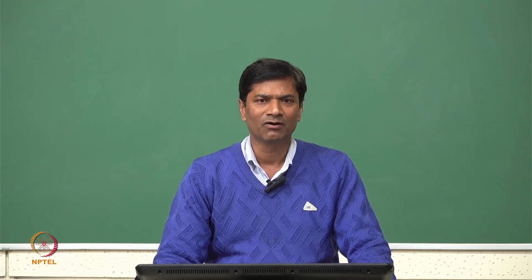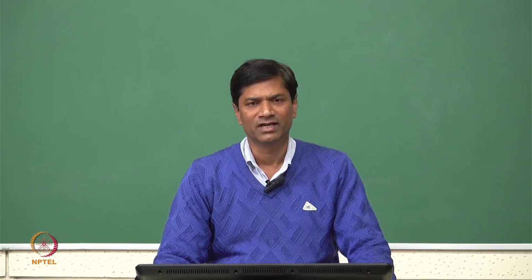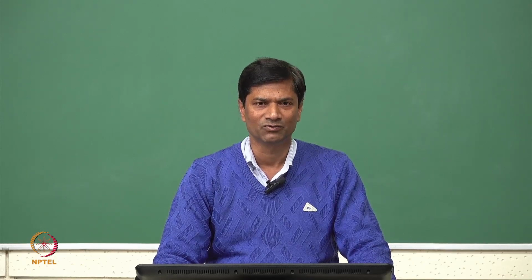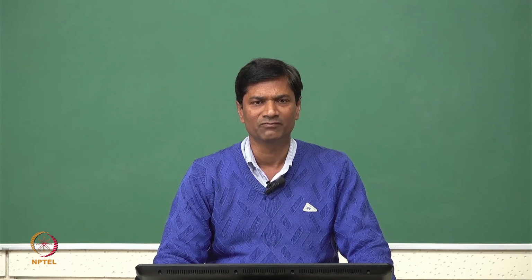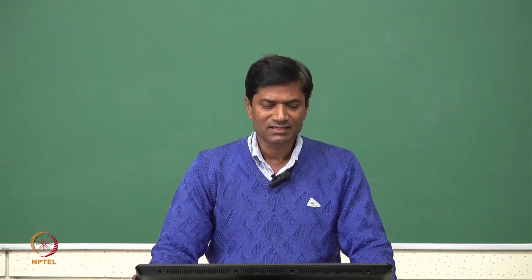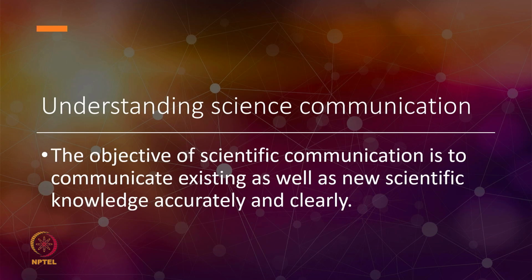We can take the example of genetically modified crops. Based on the news received from different sources, people build their opinion, and this opinion is very important for the progress of society. Hence, the objective of science communication is to communicate the existing as well as the new knowledge accurately and clearly.